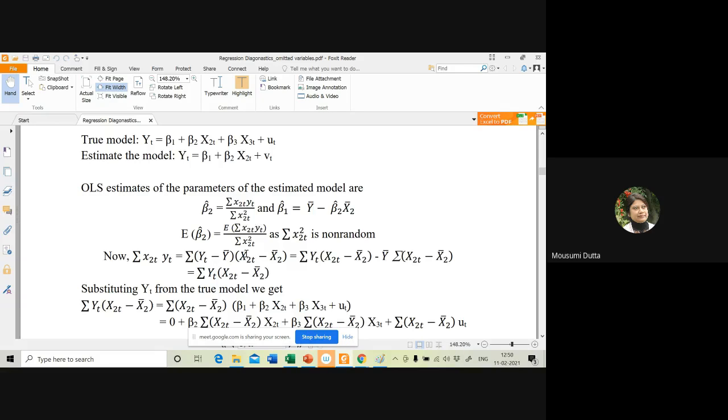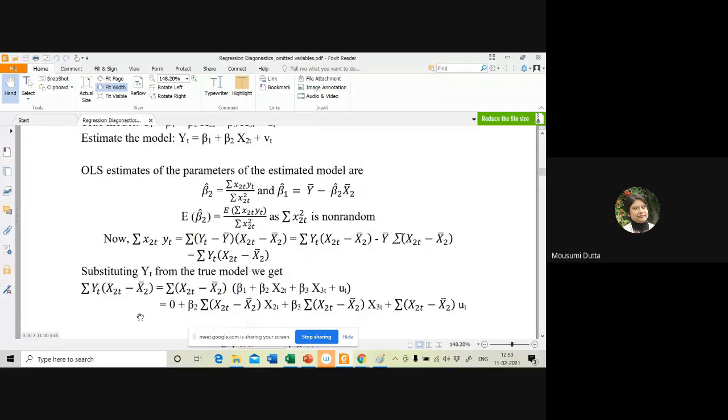So to calculate the expectation of the numerator, we are considering summation x2t yt, that we are expanding as yt minus y bar into x2t minus x2 bar. After adjustment, we are getting this value to be summation yt into x2t minus x2 bar. Substituting yt from the true model, the model having 2 regression coefficients, we get this.